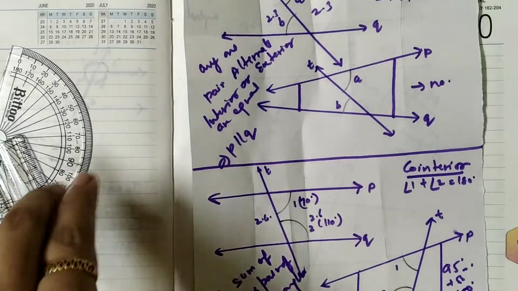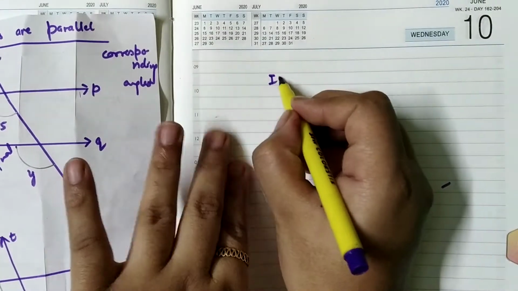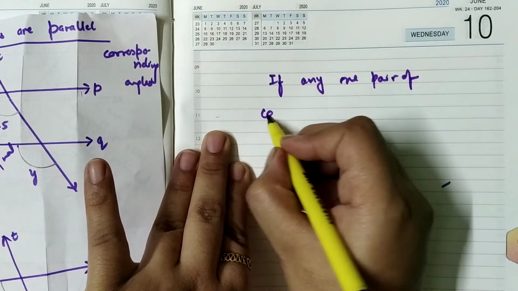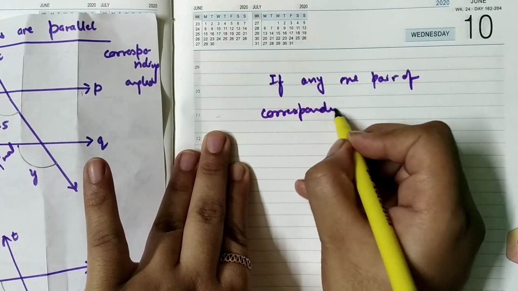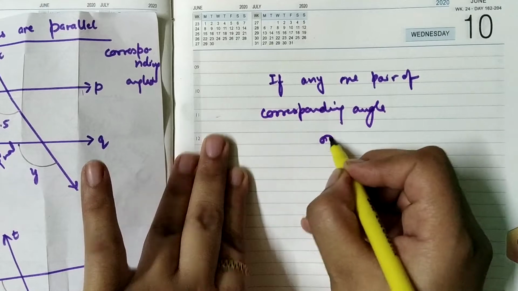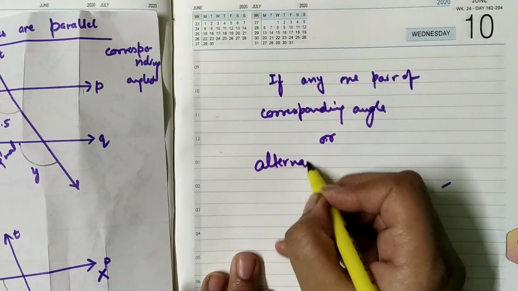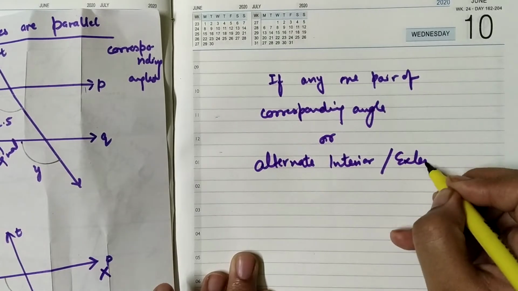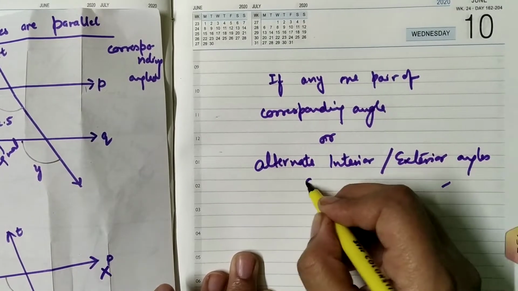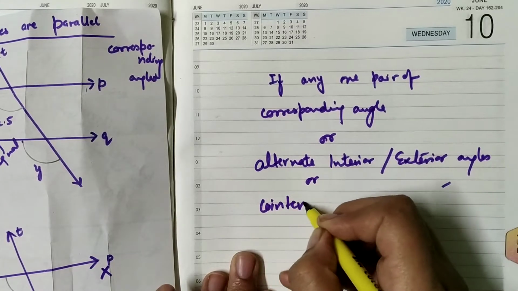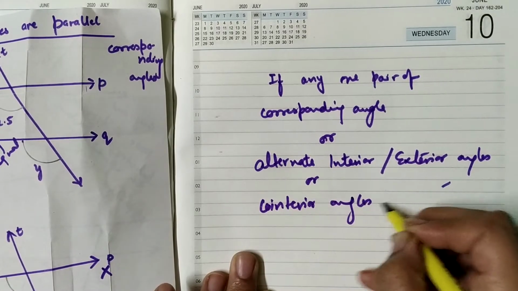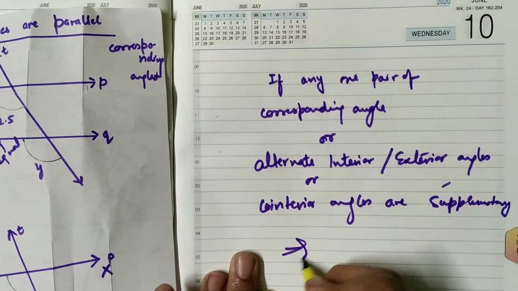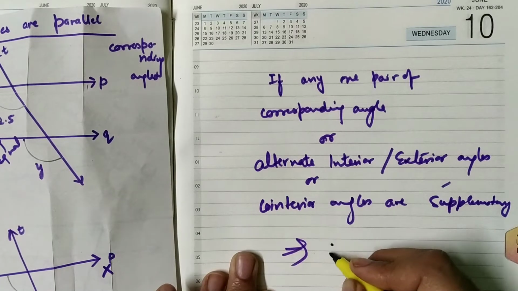So with this procedure, what we observe, if any one pair of corresponding angles, or alternate interior or exterior angles, or co-interior angles are supplementary, in that case I can say that my lines are parallel.